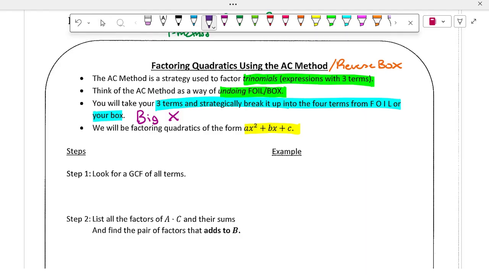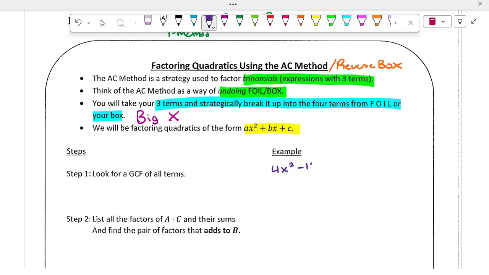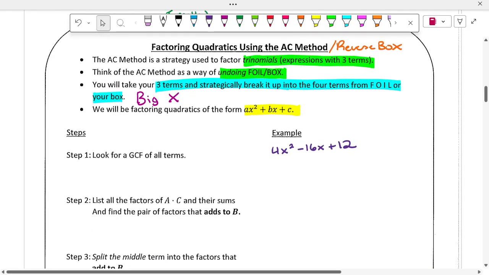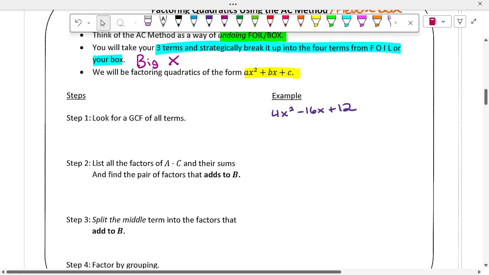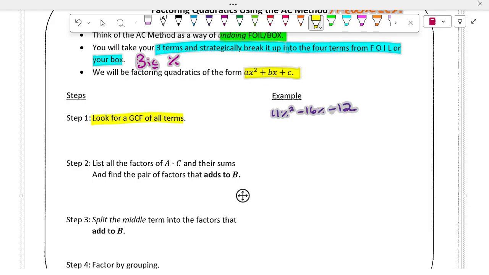Let's do 4x squared minus 16x plus 12. Now, very first thing you should do, and this is true for any factoring, you look for the GCF of all terms.